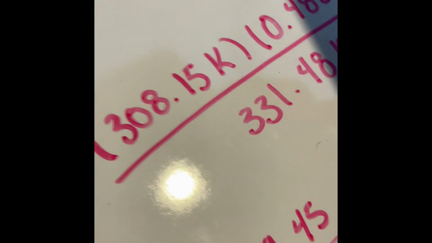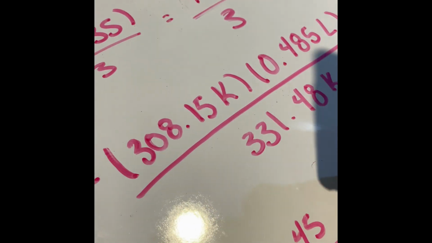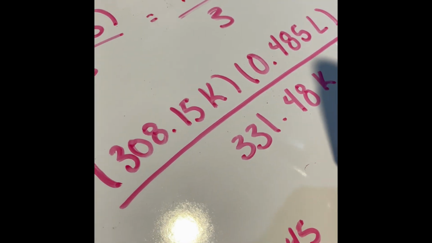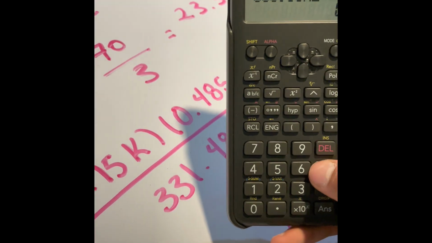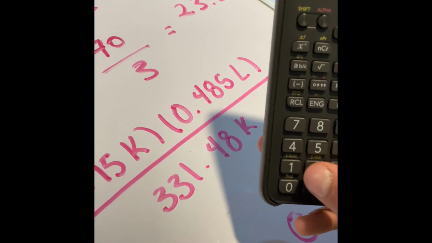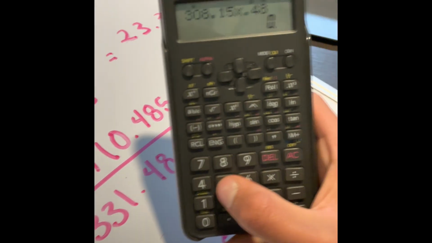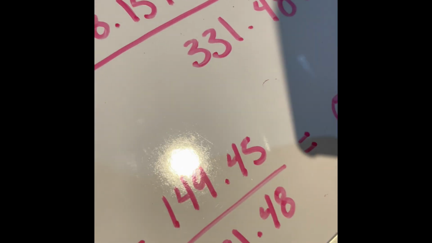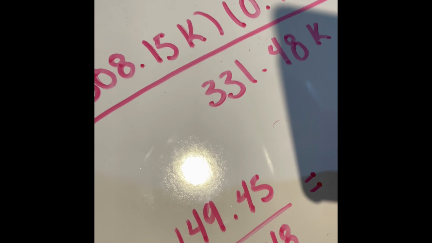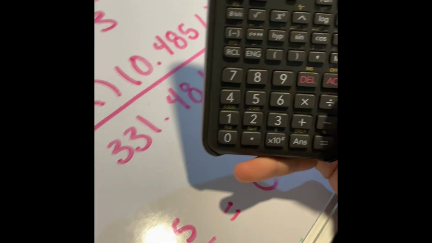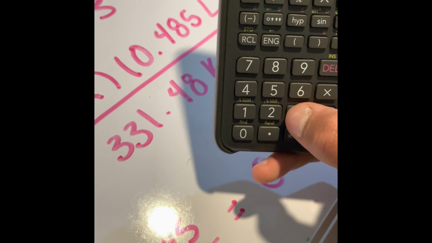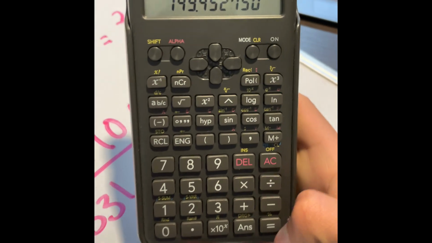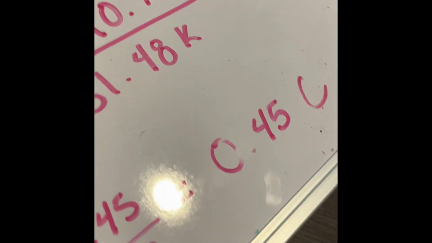So let's do it fast. This 308.15 Kelvins times 0.485 equals 149.45, divided by 331.48, and this equals 0.45.